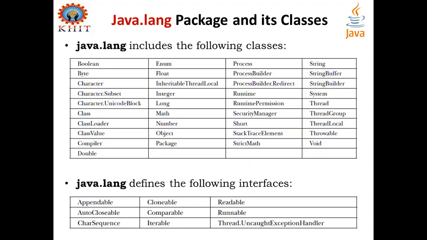Most of the time, unknowingly, you use the services of these package classes and the methods defined in them. It includes the following classes, as I listed for you from the Oracle documentation. All these are different classes available. Every class has its own type of methods. Here is Math I showed you, Byte, Boolean, and coming to the interfaces, java.lang defines the following interfaces.